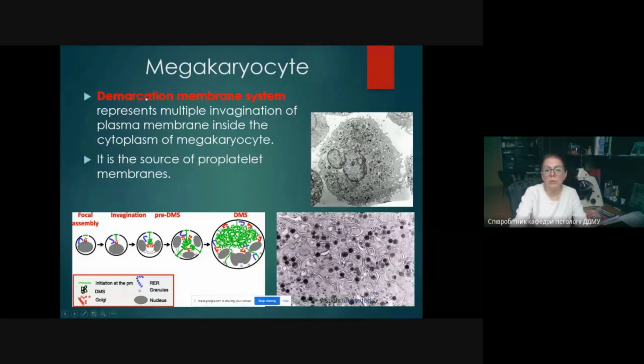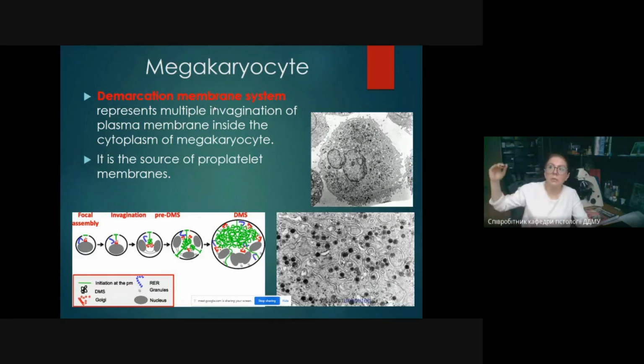And as you remember, that demarcation membrane system is left in platelets, and how do we call remnants of this system in platelets? Do you remember in the platelets we have a membrane zone, and it was represented by 2, and one part of this system was represented by the remnants of the demarcation membrane system of the megakaryocyte.